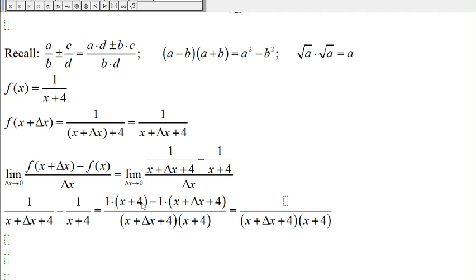This would just be x plus 4. And then here we have a minus 1 times x, that's minus x. Minus 1 times delta x would be just minus delta x. And then minus 1 times 4 is just minus 4.